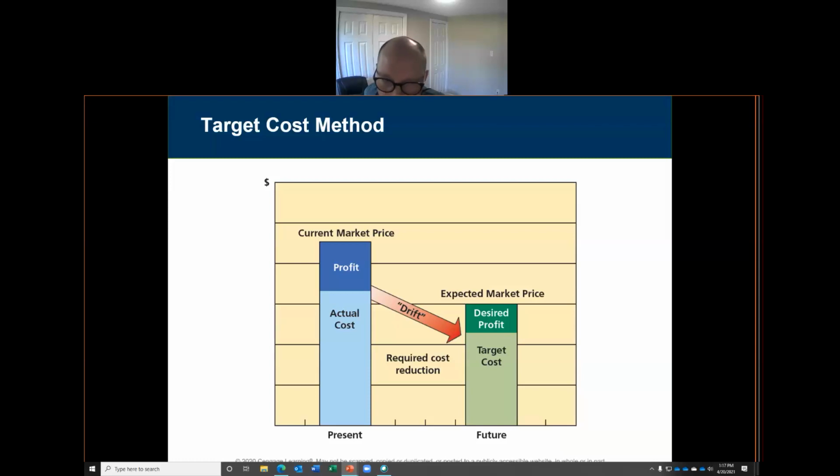Over time, typically the sales price goes down. Why is that? Because total costs go down over time, the product demand goes down over time, and that's why prices fall.